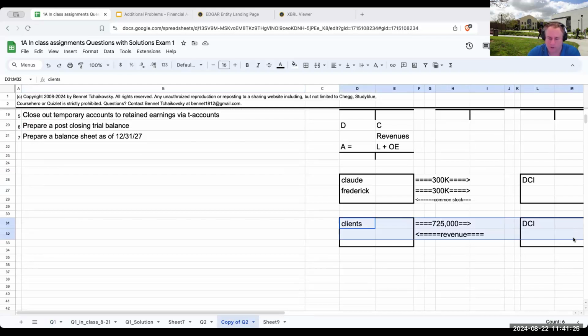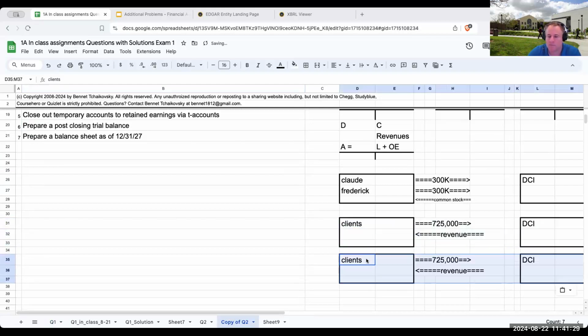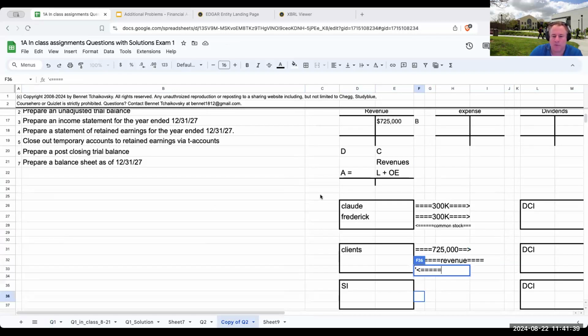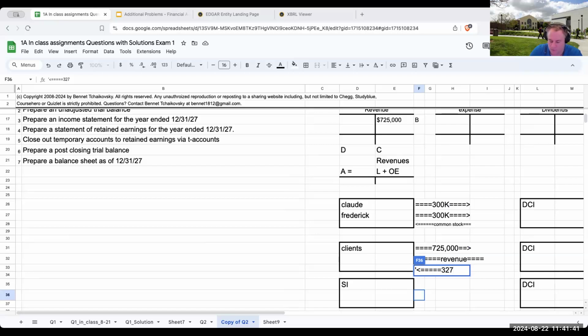Let's go over here and look at Stravinsky. We're paying Stravinsky Inc. $327,000. So we're giving Stravinsky $327,000 in cash.